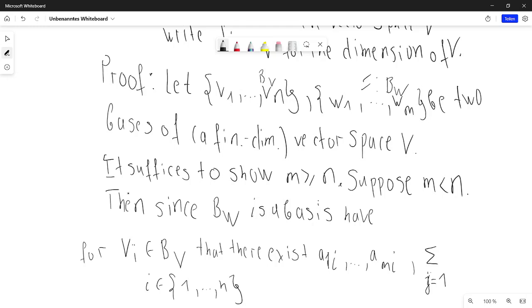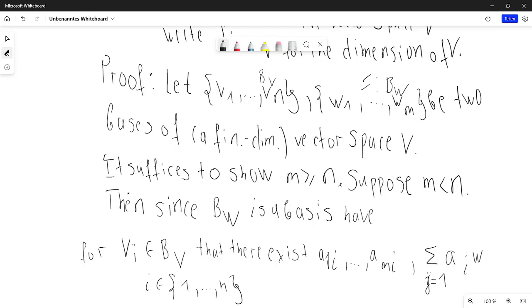And for each such i, we have respective a1 to am to represent it with respect to the w's, right? vi is fixed. Of course that's not 1, it's j.